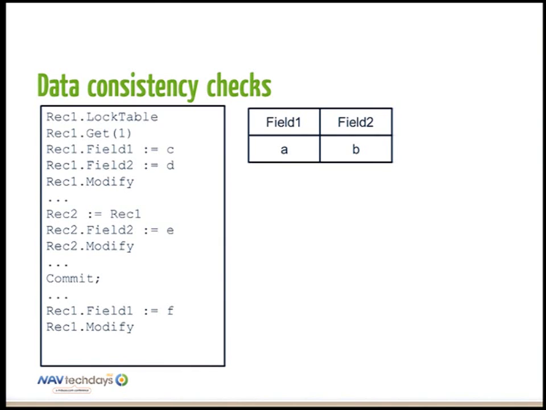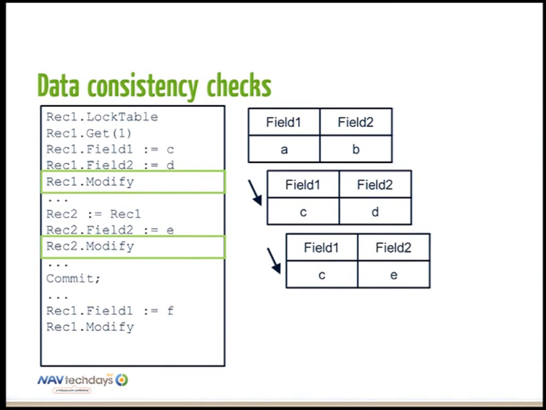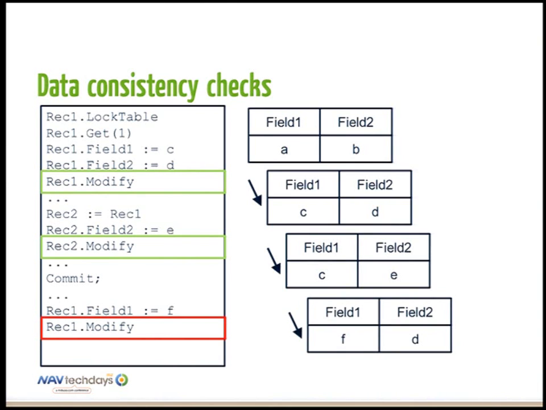So now the value of field 1 is C and the value of field 2 is D. Then using a different instance of the same record, I modify field 2 to E, and then I go and use the old version, my record 1 up there, to make a single modification to field F. But because it's an old version, field 2 is still equal to D. That's of course not good.